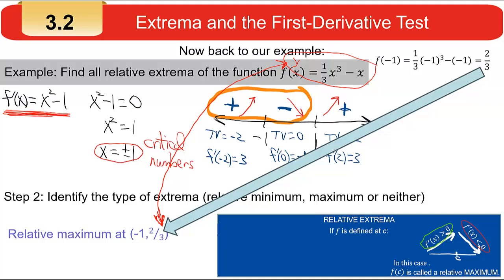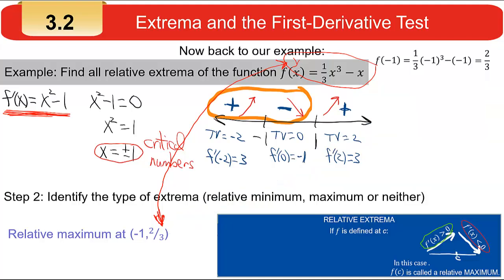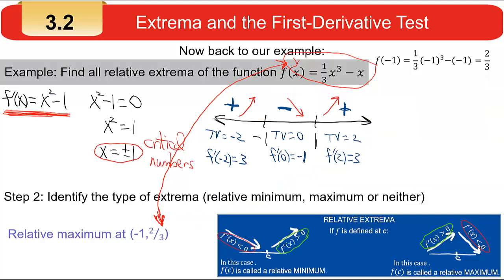And the answer will be minus 1. If they say, what is the relative maximum, it would be 2/3. And if they said at what point does it occur, you would write the entire point minus 1 comma 2/3. So you just have to look at what they're asking for. So that's the relative maximum. Now look, for a relative minimum, the behavior switched.